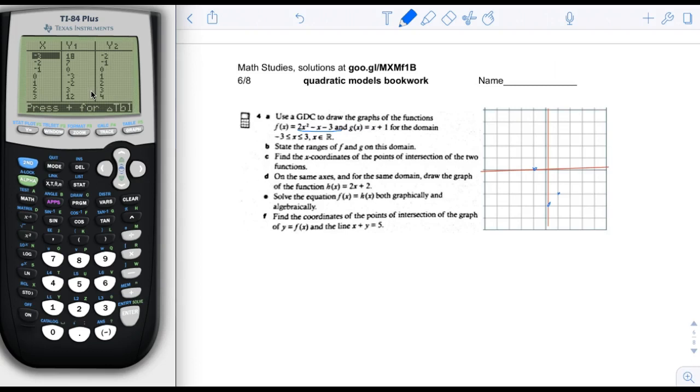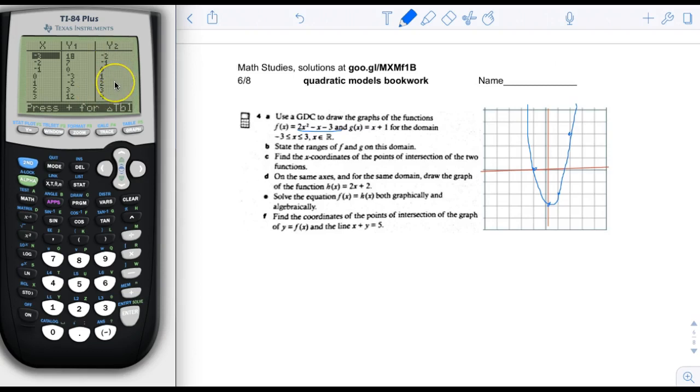And 2, 3. And 3, 12, that's off the screen. Okay. All right, so there's my blue parabola.